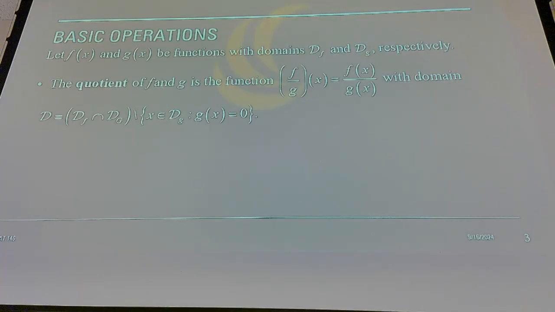Right, so those operations are not new. You're familiar with them already. We're just now applying them to functions instead of numbers.